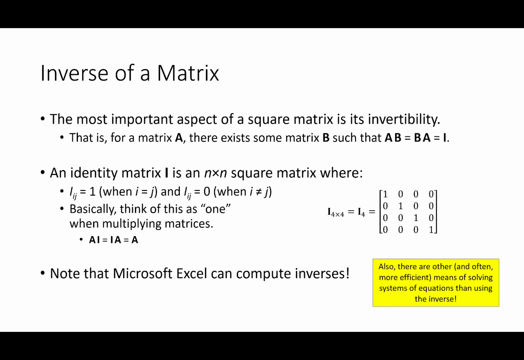What is 47 times 1? 47. What is 1 times 9? 9, right? So the idea behind the identity is that you can multiply by the identity on the other side and it doesn't change anything. So if this is A, then B is its inverse if A times A inverse or A inverse times A results in the identity.